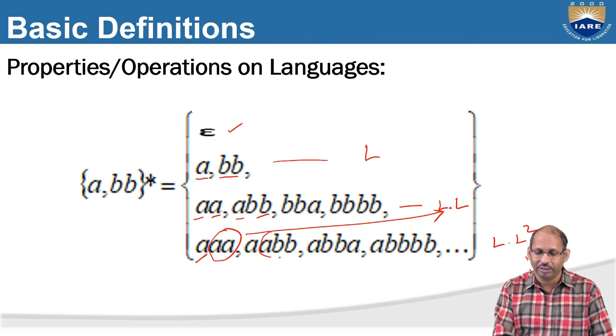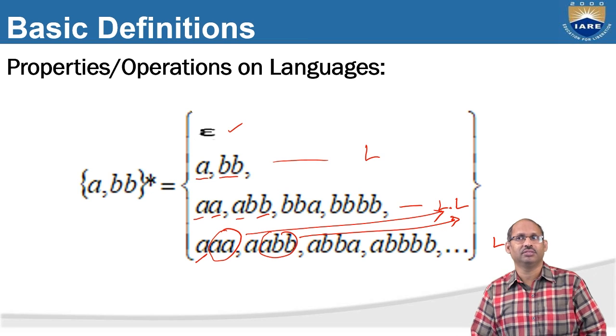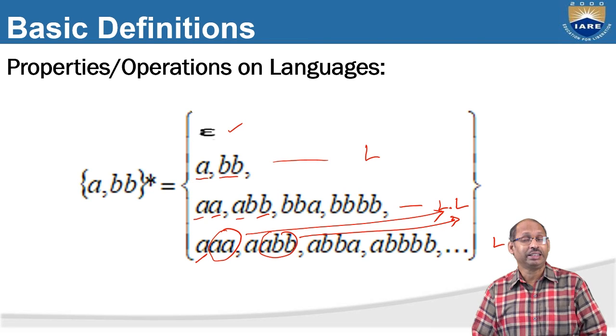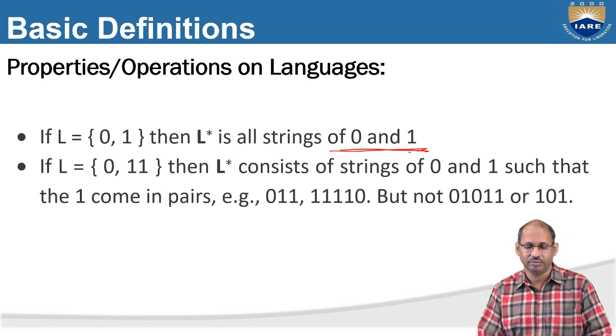It is the concatenation of L followed by L, L followed by L square, L followed by L cube and so on. So if 0, 1 is a language, L star is all strings of length 0 and 1.